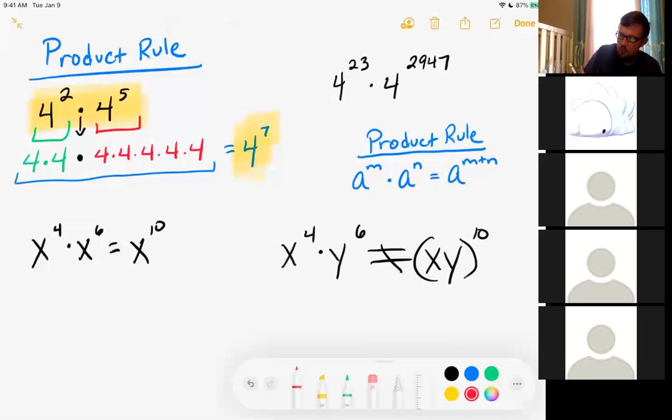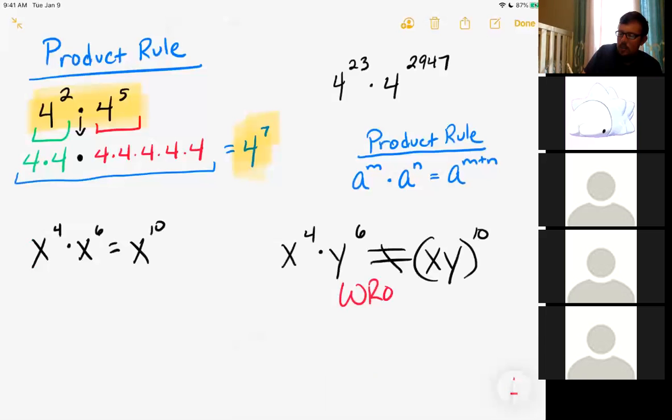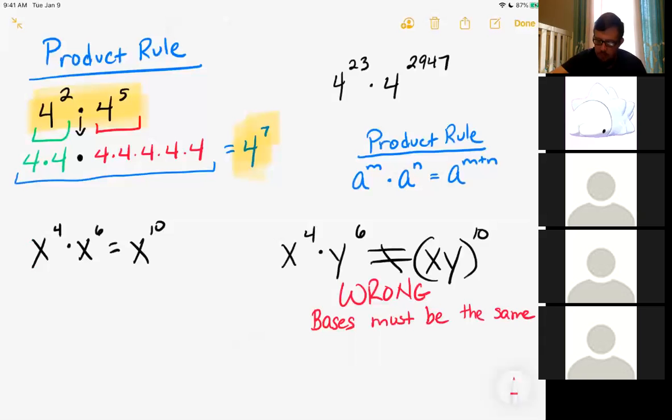This is wrong. The bases must be the same. Don't do it. Okay?